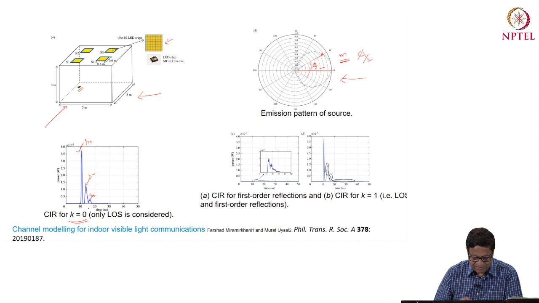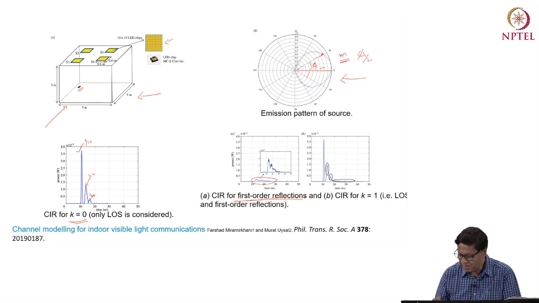Channel impulse response, and from here you can find out in terms of time what the bandwidth is if you're considering only line of sight. Now, if you include the first order reflection also, then there will be a contribution, which you see here. This is a contribution which is coming from first order reflections.